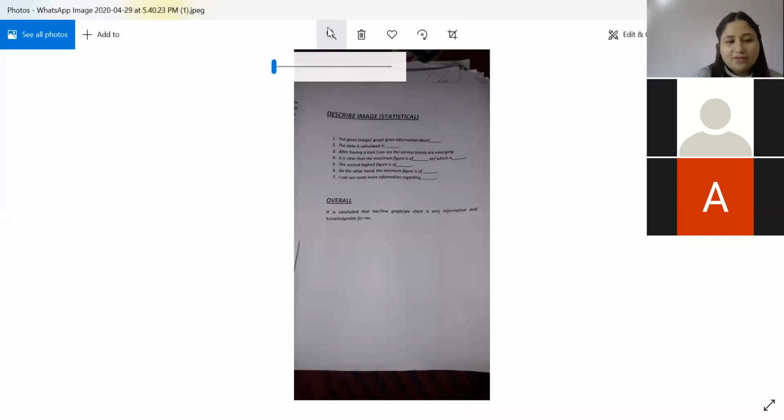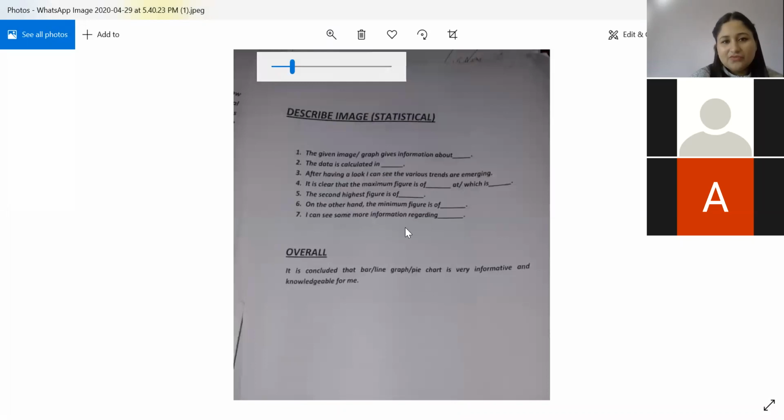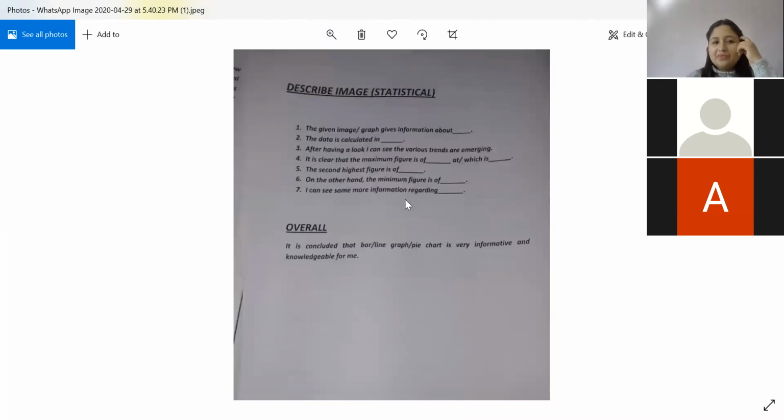So this is here. This is for statistical images, that means images like a pie chart, line graph and bar graph.